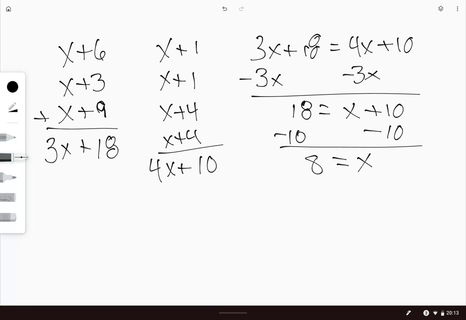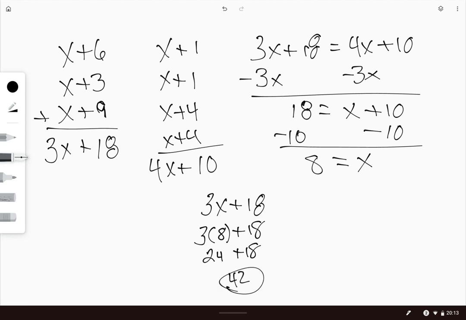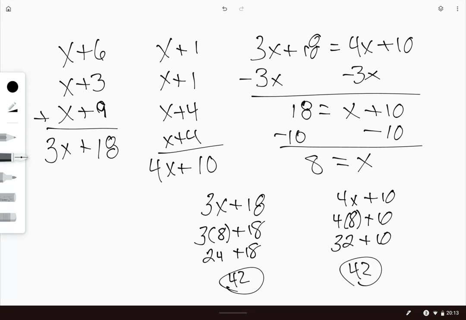So if I take the 8 and substitute it into the expression for the triangle, the perimeter of both shapes is going to be 42. And just so we can see the illustration here, if you were to substitute 8 into the other expression, again, you would have 42 on each side of your equation. So the correct answer here is going to be 8.